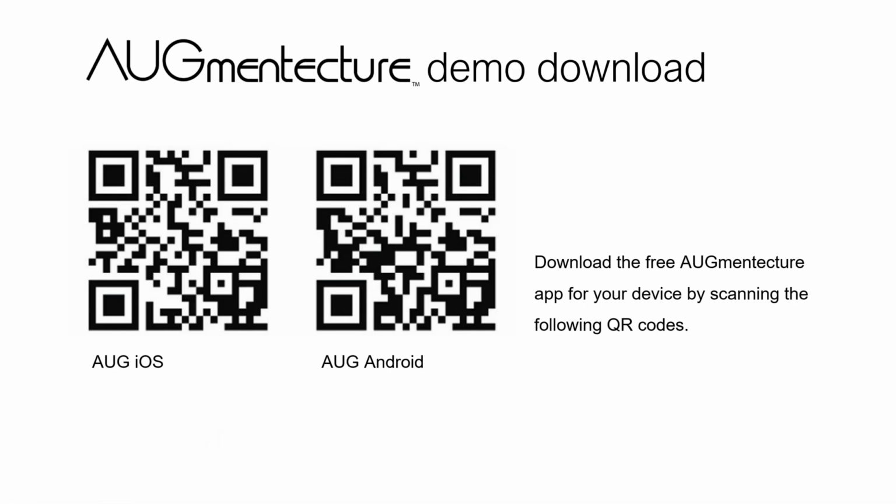Here I have a QR code. If you'd like to go ahead and download the application right now, you can use a QR code reader from your phone and scan either one.